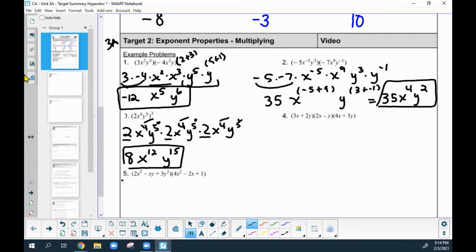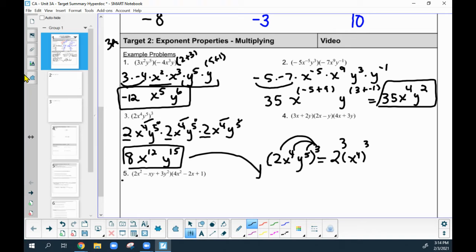The other way, and I'm going to write it over here, and then I'll do the other side of the page. The other way to do that one is you could distribute the power to each piece, each piece, each piece. And then you have 2 to the 3rd power. We'll have x to the 4th to the 3rd power. And you'll have y to the 5th to the 3rd power.